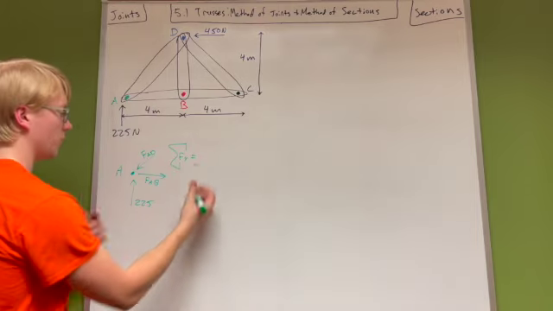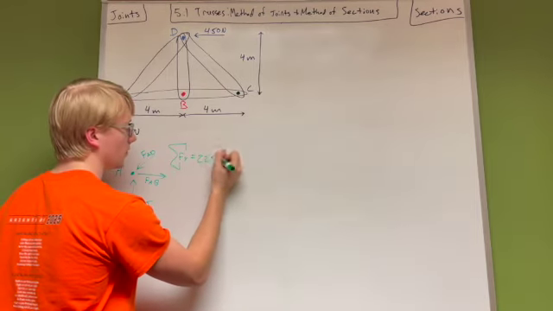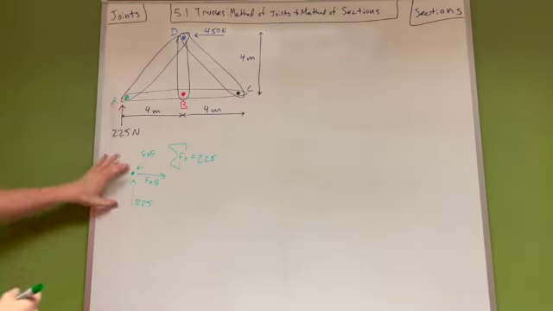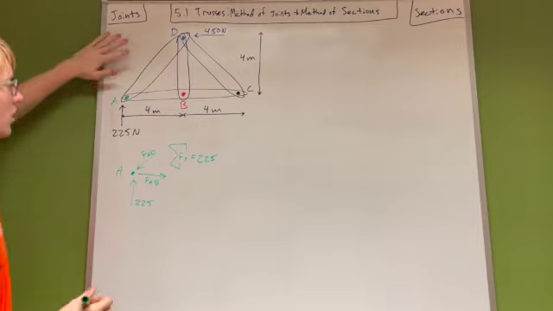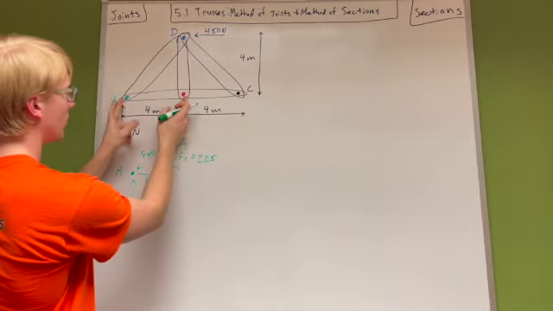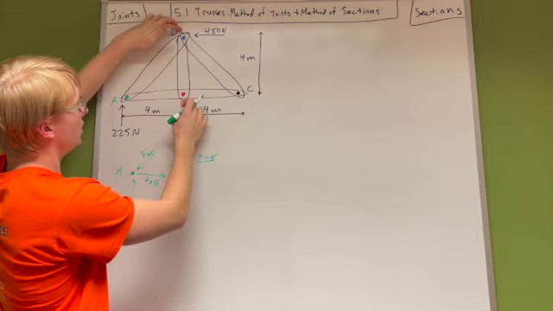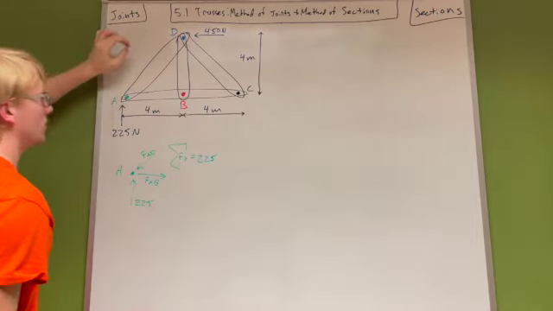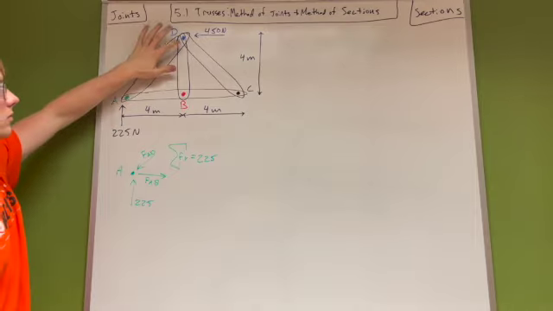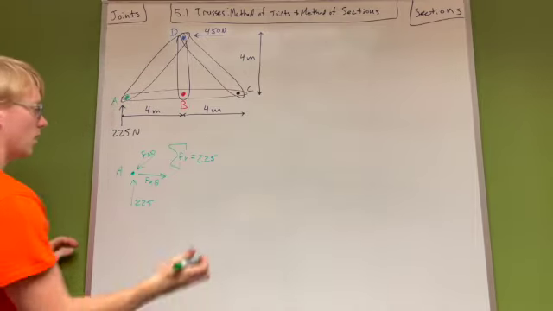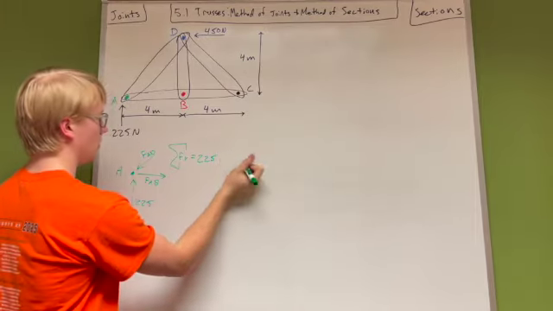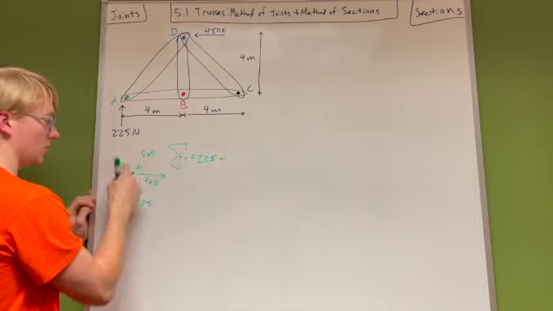And so there's a positive 225, right? And using the geometry of the truss, okay, this truss right here from A to B is 4 meters, and this truss right here from B to D is 4 meters. So we know that this is a 45-degree angle. These both are. And so it's minus because it's going down.